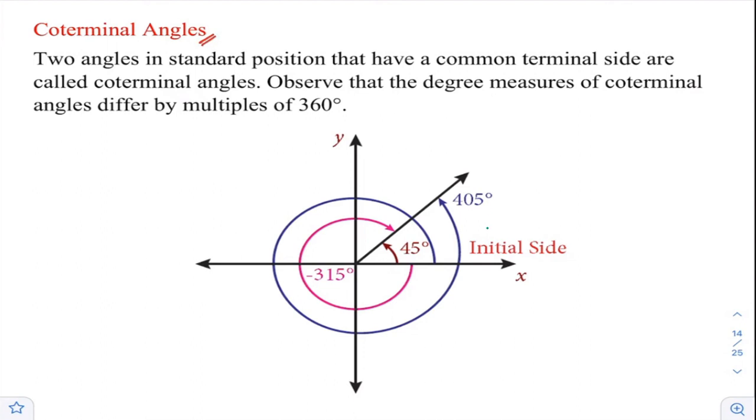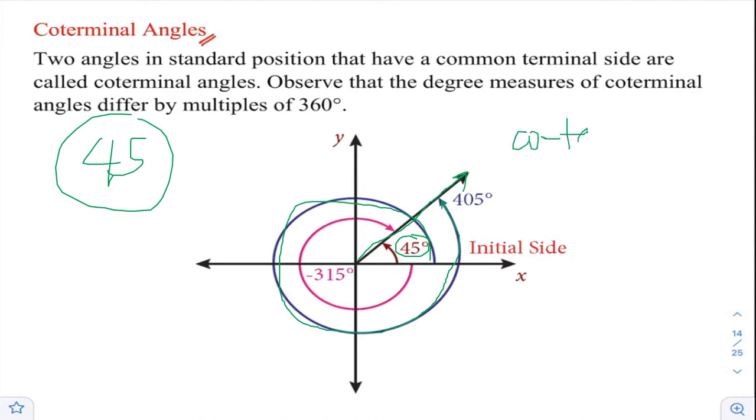Paano natin kukunin? Kunyari, ang tanong is 45 degree. And this is the terminal angle, which is 45 degree. Ito yung tinatawag nating terminal side. Yung terminal side na yan, kapag umikot ka ng isang beses tapos stop ka sa kanyang terminal side, ang tawag na doon is co-terminal.